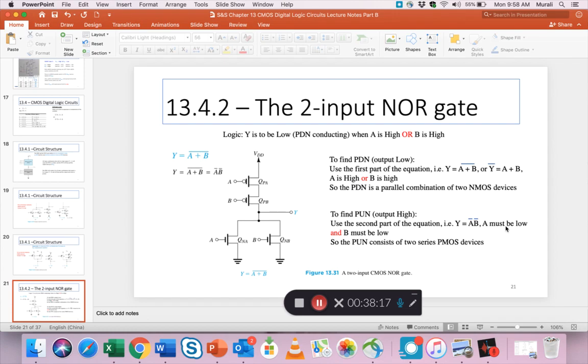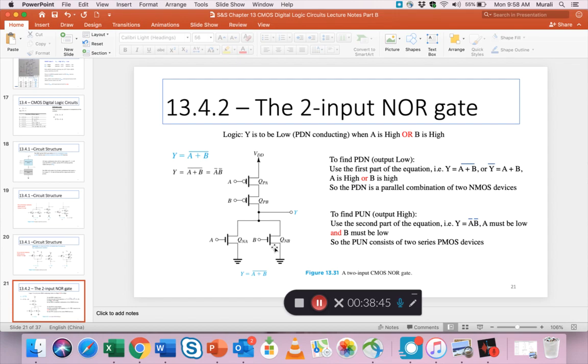Alright. Now the same two input NOR gate, which we know very well now. I know we can write this with our eyes closed. But let's follow the rules in the textbook to write it. Okay? And see if that makes it easier or more difficult. So what is the logic of a NOR gate? You know this, Y is to be low, that means the output must be low.